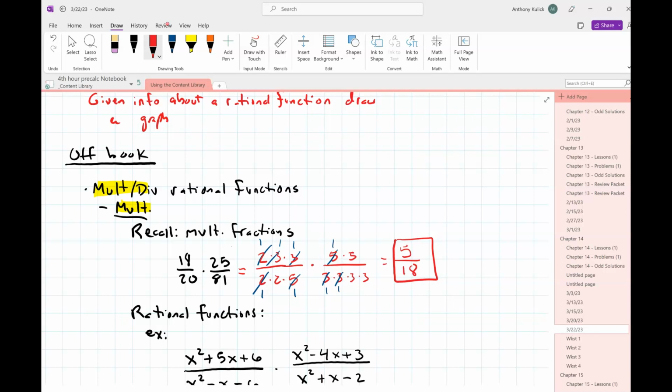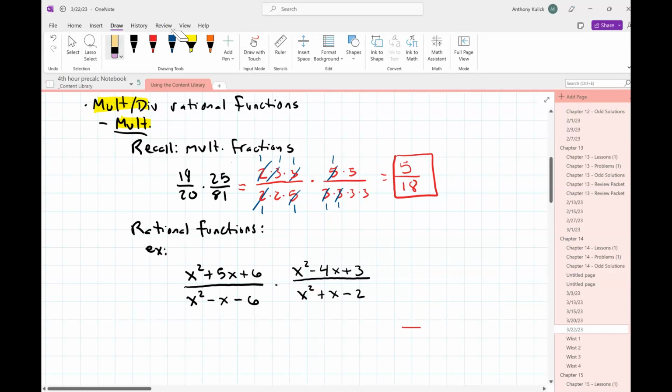The nice part about what we're doing today with these rational functions is everything we're about to do, the procedure is the same for fractions. So it's the same procedure, but we have to update what we're doing so that it fits with a polynomial instead of just a number. But that's okay. It's the same idea.